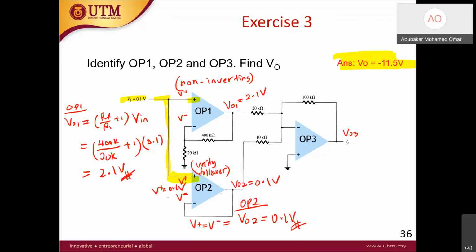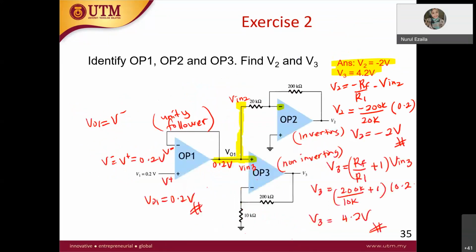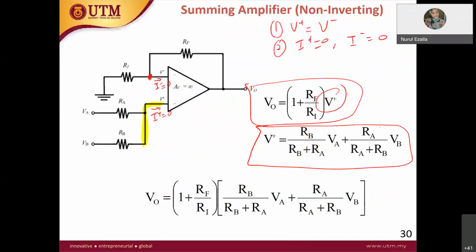Summing, inverting or non-inverting? Inverting. Yes, summing, inverting.